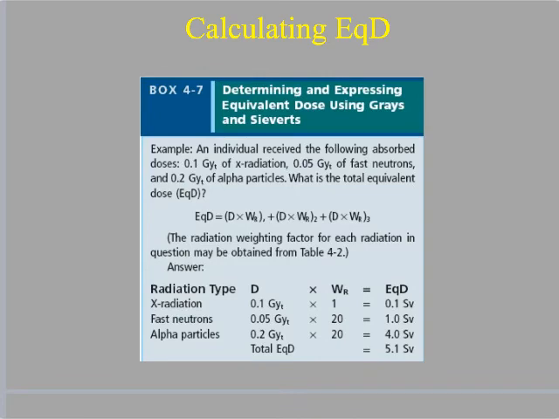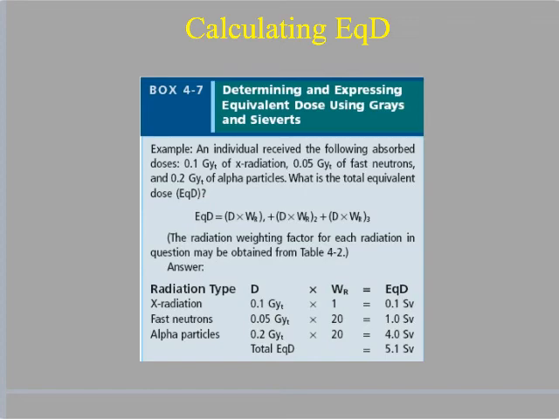This slide comes directly from the textbook. It's just talking about how we could calculate an equivalent dose for exposures to various types of things, right? So they got 0.1 gray of X-ray, 0.05 gray of neutrons, and 0.2 gray of alpha particles. And all they did was they took those different dose amounts, multiplied them by the appropriate weighting factor, and then summed everything, added everything together, and that final equivalent dose is expressed in sieverts, right?